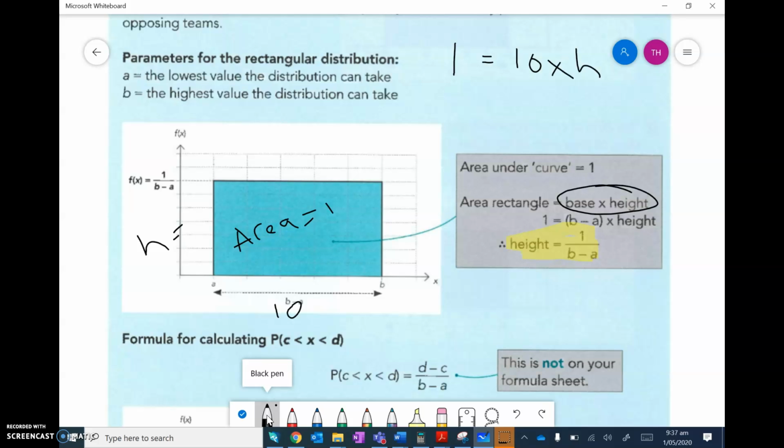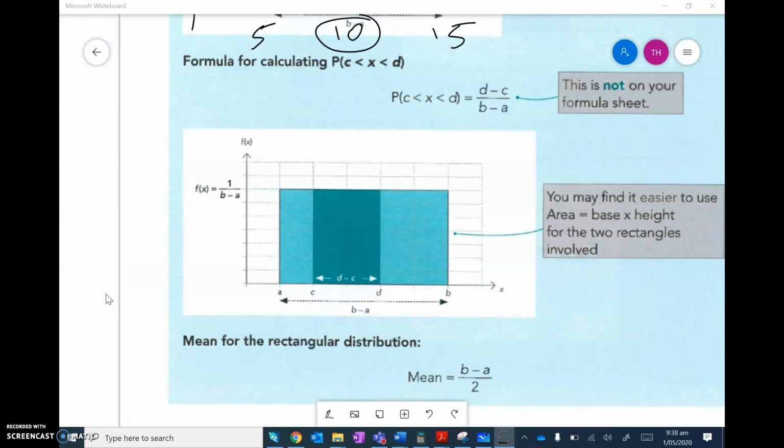Now I have to think what times 10 is going to give me 1, and it's 1/10. So I know the height would then be 1/10. So that distance is the formula b minus a. So if this was 5 and this was 15, that would give me a base of 10 because it goes from 5 to 15.